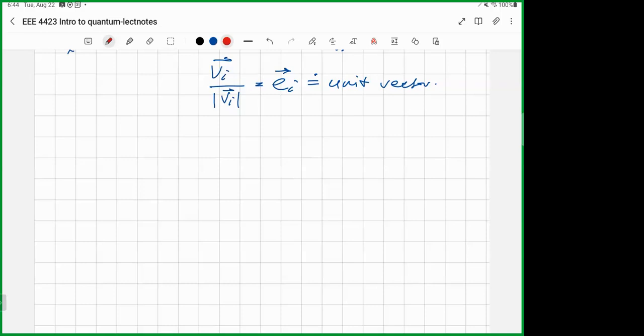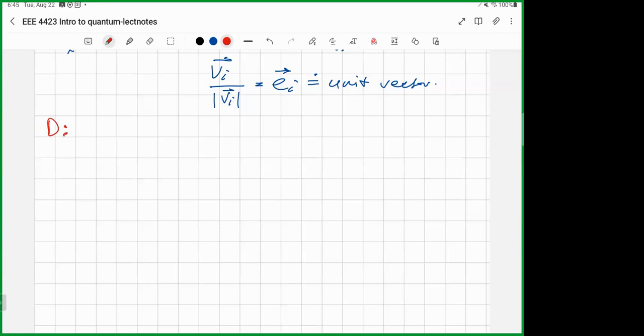So as we have these unit vectors, we can form a set of unit vectors that direct along the linearly independent vectors. And this set is named a basis.